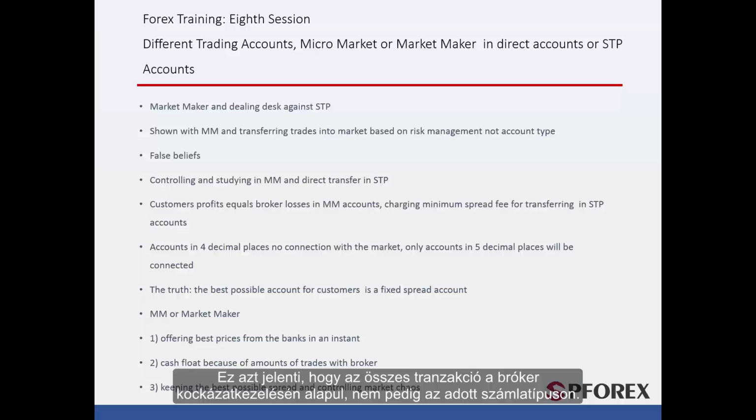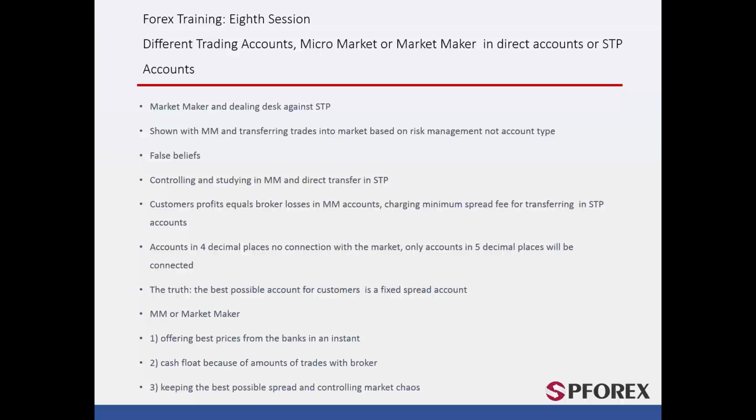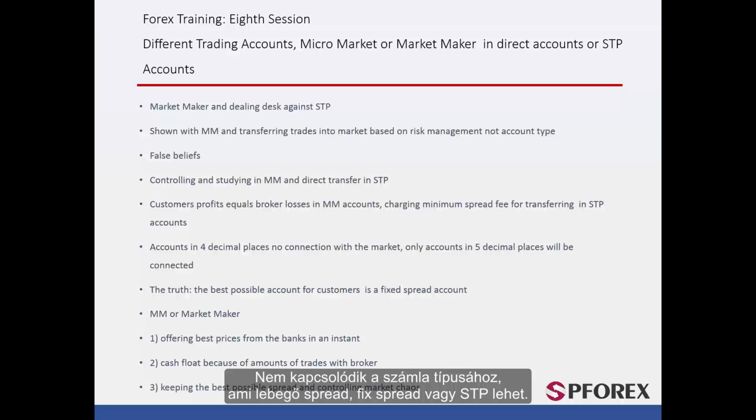This means all transactions are based on brokers' risk management and not based on a particular type of account. They are not related to type of account such as floating spread, fixed spread, or STP. There are many false beliefs regarding this area.